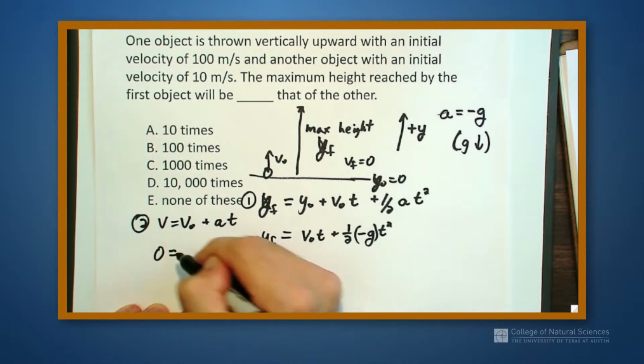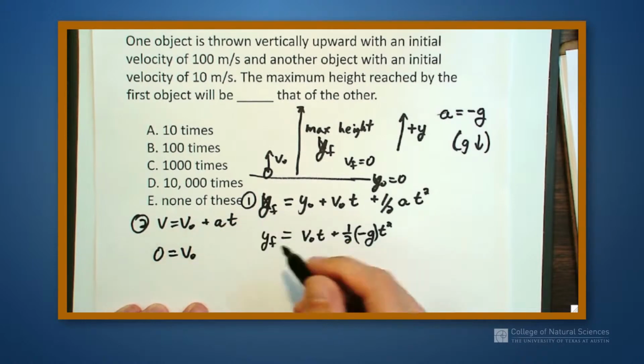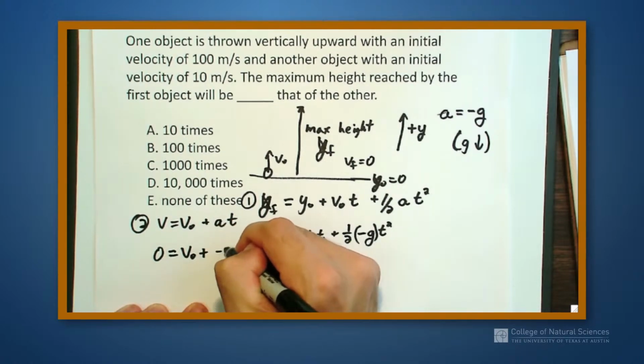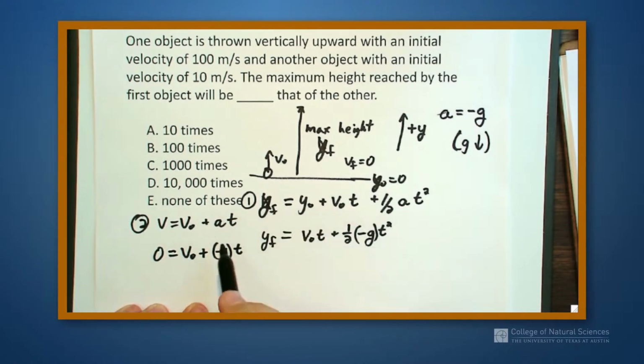So 0 is equal to v naught plus negative gt. My acceleration is still the negative value. I started with a positive initial velocity. So this says that v naught over g is equal to t.